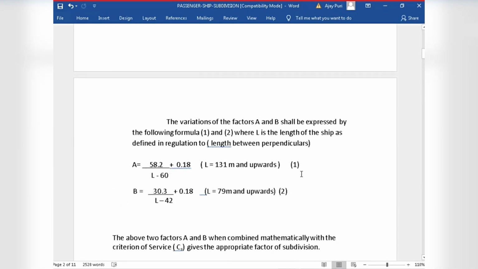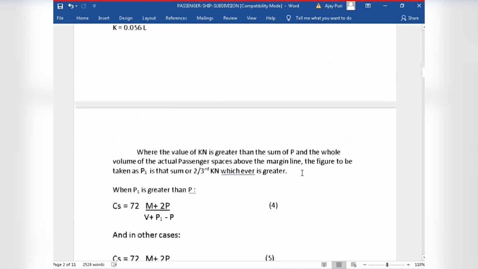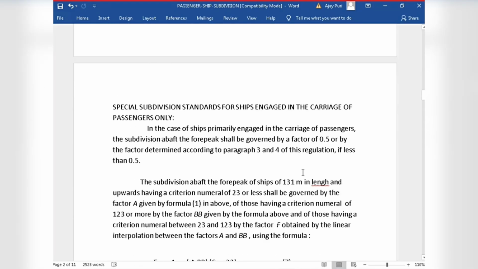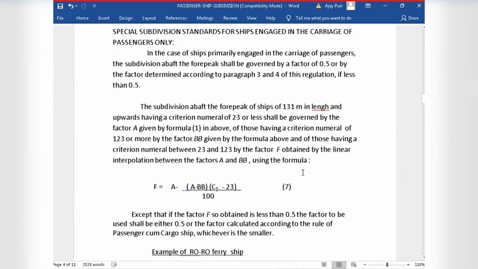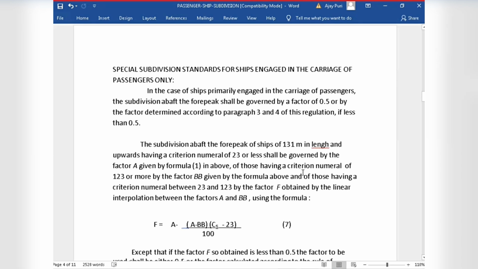This formula. So subdivision of vessels having a CS of 23 or less shall be governed by factor A, and those having a CS of 123 or more by factor B.